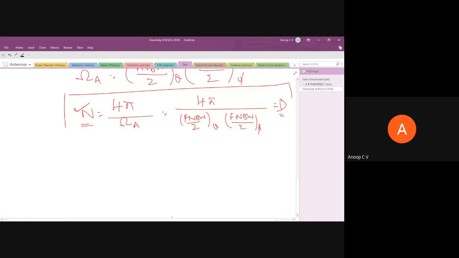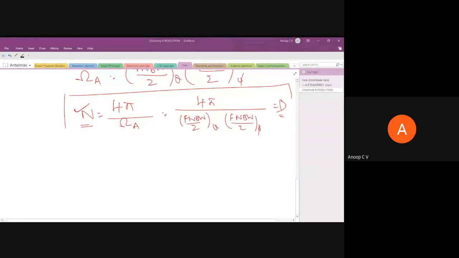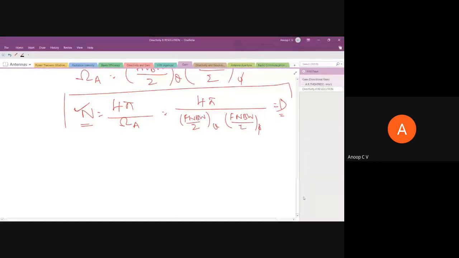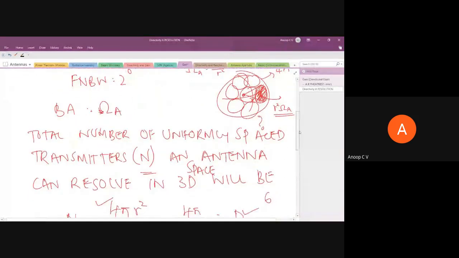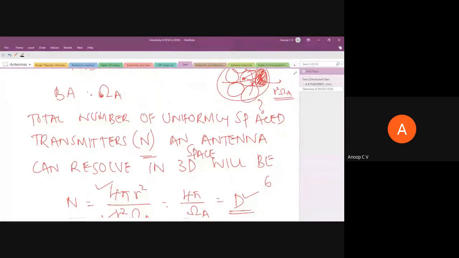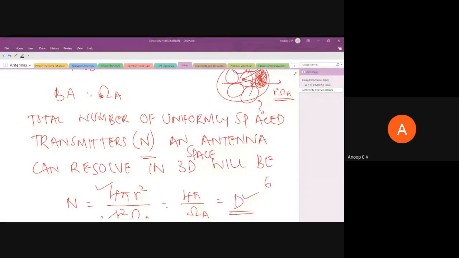Is this concept clear? Any doubt in this? The concept of directivity and resolution. If any doubt is there, please feel free to ask.